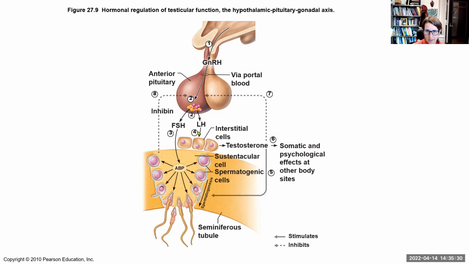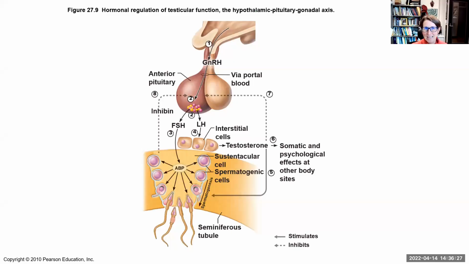And back to our sperm development, FSH, that follicle stimulating hormone, is going to talk to these sustentacular cells. The sperm, as they're developing, are supported by these larger cells that they're kind of embedded in. And those cells can release something called ABP, which of course is short for androgen binding protein.